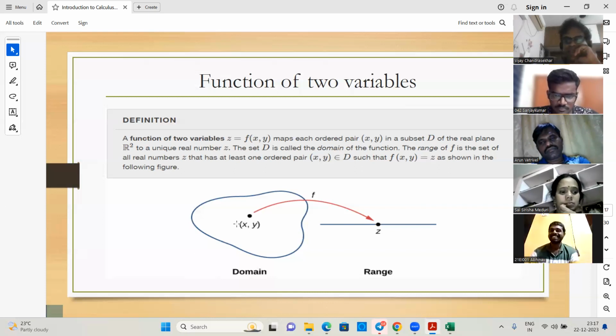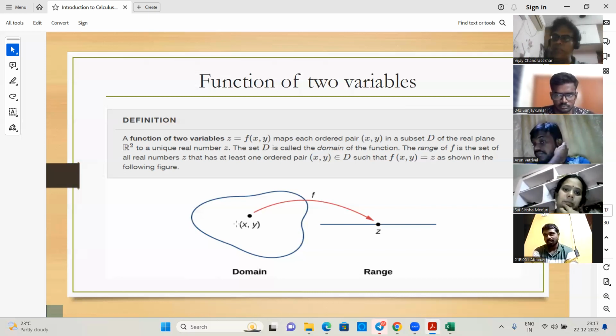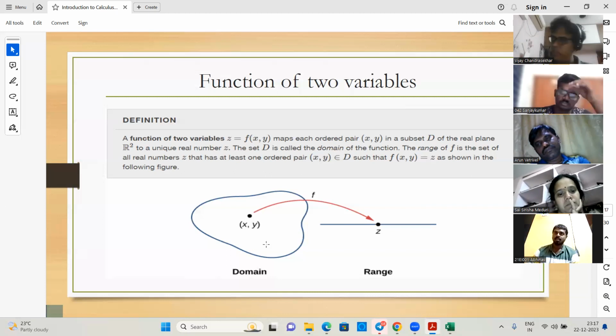Correct. That's right. So your positives, your negatives, your fractions, your irrational numbers. Put all the rational and irrational numbers together and you get this nice little number line. That's the real number line. So x can be any number on the real number line. y is also similar. It can be any number on the real number line.